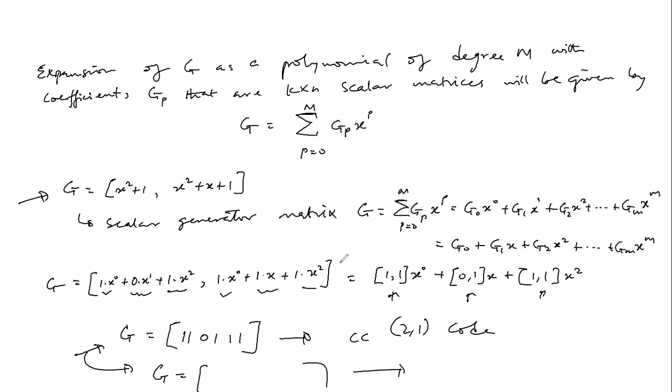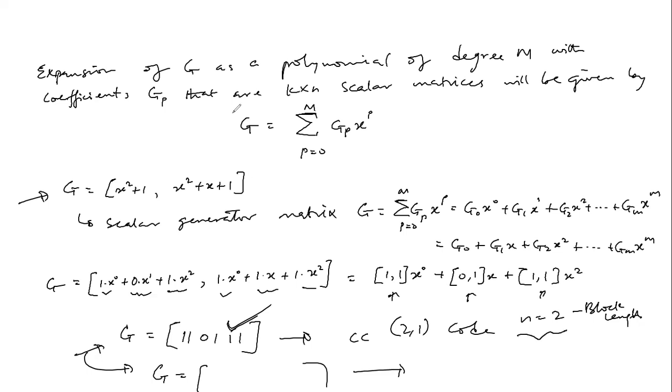But you'll observe that n is the same as 2, which is the block length, such that the scalar polynomial values will have to be shifted by the block length.